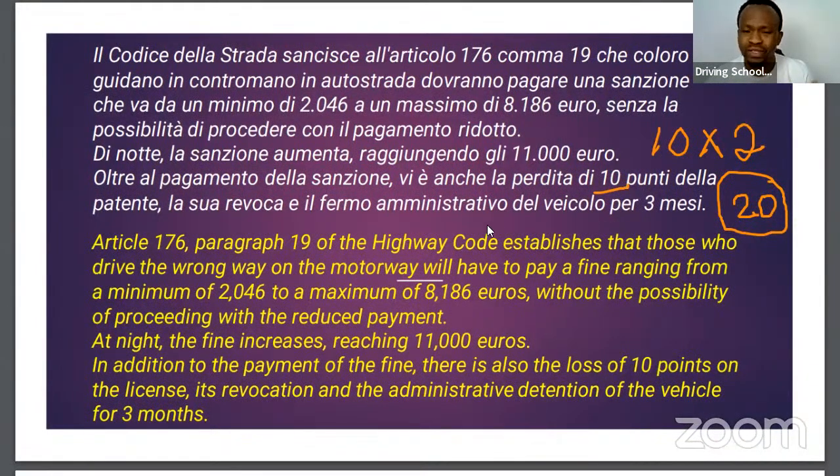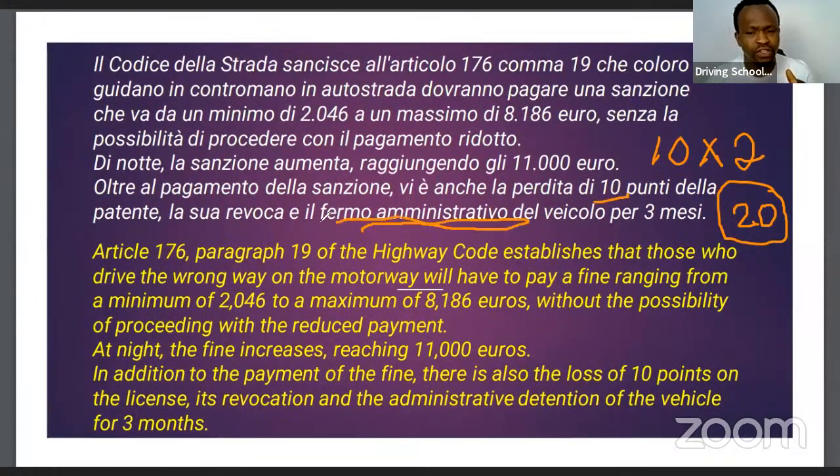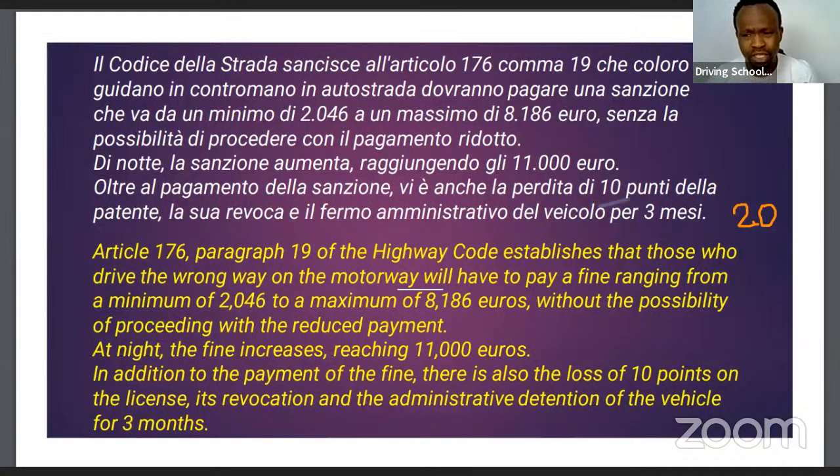And that is why sometimes when you want to buy a car, you need to be very careful, because there are some vehicles that have this issue, fermo amministrativo. You understand? Because when a vehicle is under this, it shows that the vehicle cannot circulate. So if you want to buy any car, you need to ask if that vehicle is facing this fermo amministrativo. You understand?